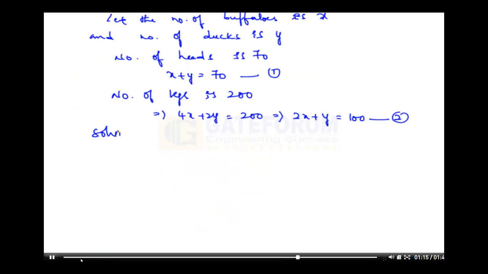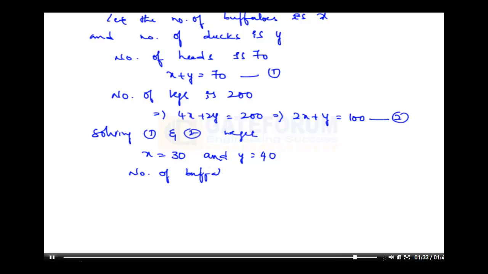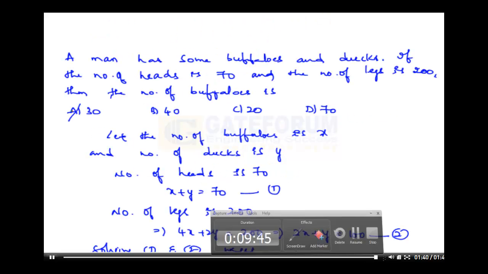Solving 1 and 2, we get x equal to 30 and y equal to 40. Here we require the number of buffaloes, that is the x value. So the number of buffaloes is 30. So option A is the right answer.